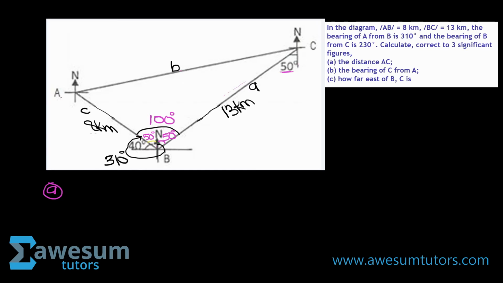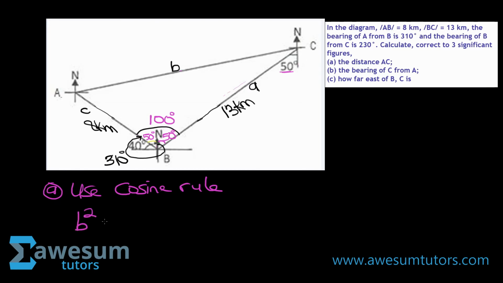We also already have two other sides, so I can use cosine rule, which is this side is B squared.